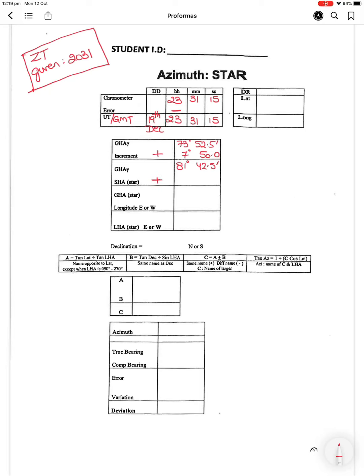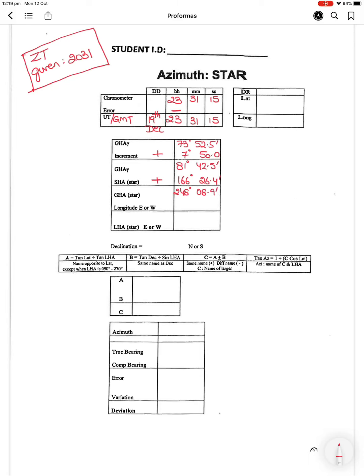Then SHA star, SHA is also always added to GHA. My SHA star was 166 degrees 26.4 minutes. SHA is always added to GHA and it will give me GHA star. So GHA Aries plus SHA star gives me GHA star, which is 248 degrees 08.9 minutes.